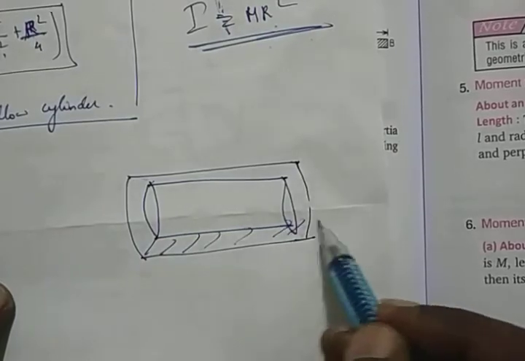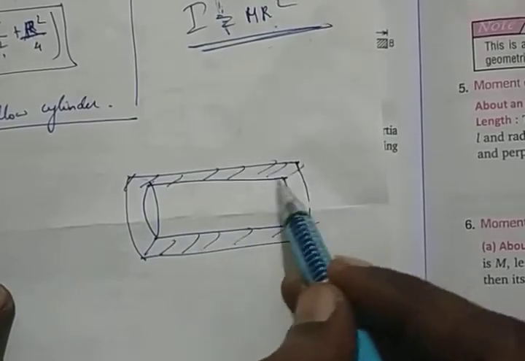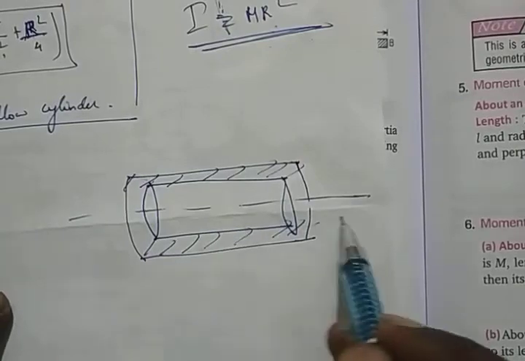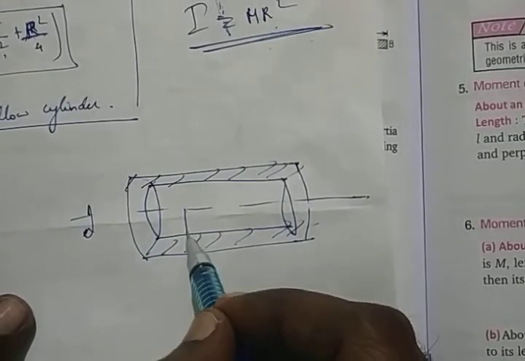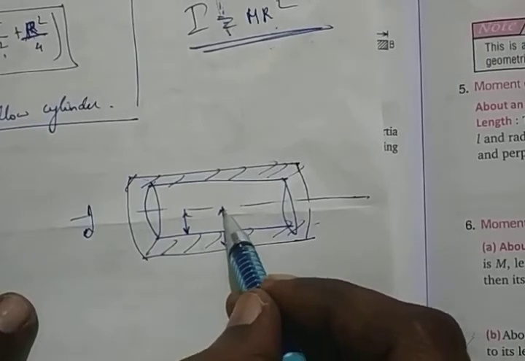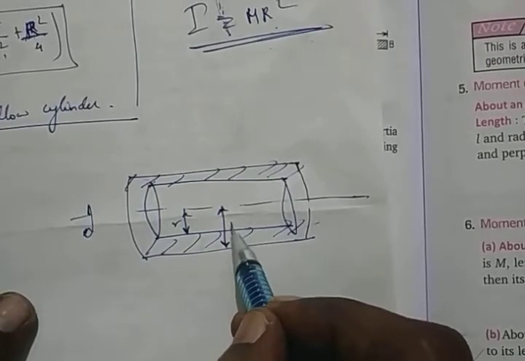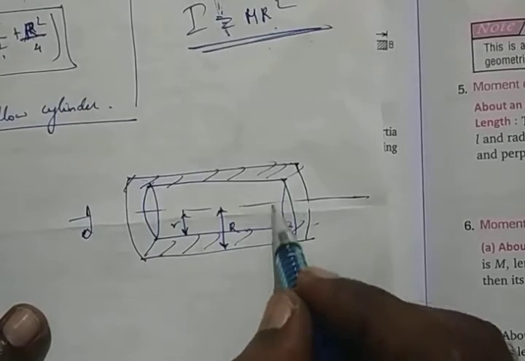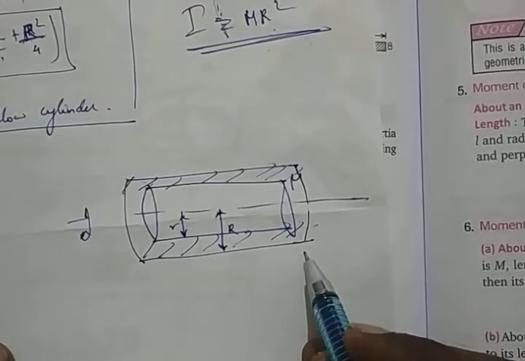There is a hollow inside, and you can have an axis here. So you have a smaller radius and a bigger radius. The smaller radius you can call small r, and the bigger radius capital R. And the entire thing has a mass of m here.